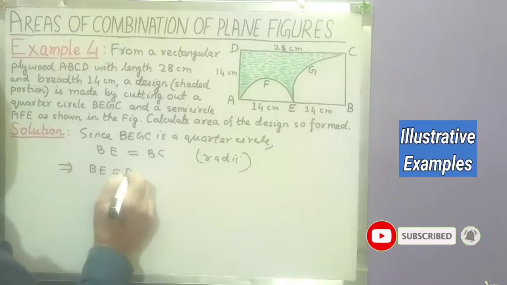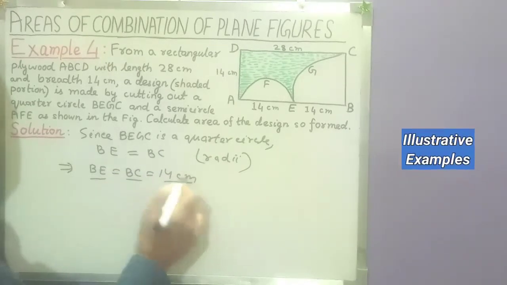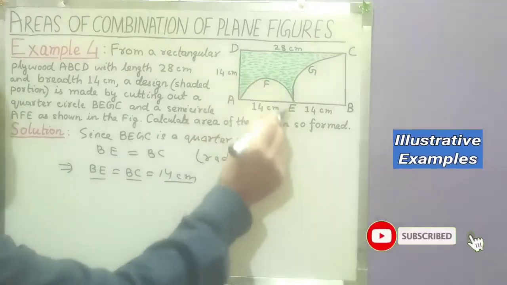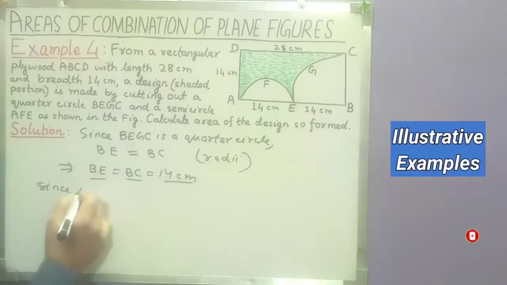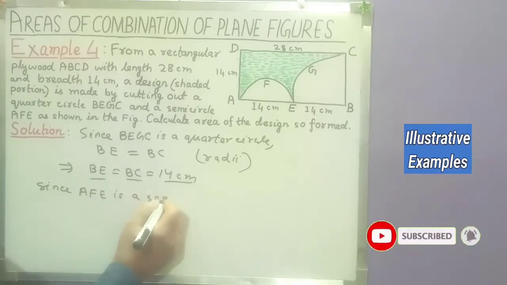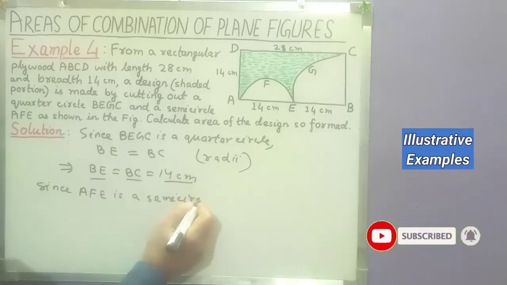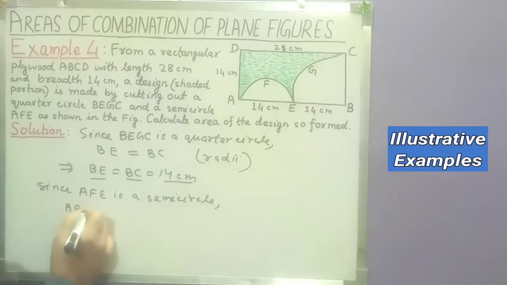That implies that BC equal to BE equal to 14 centimeter. Since AFE is a semicircle, we can say that AE is its diameter.